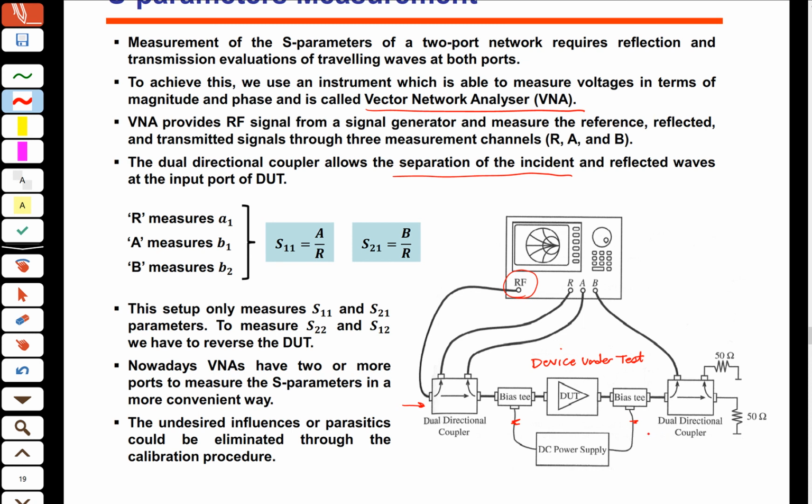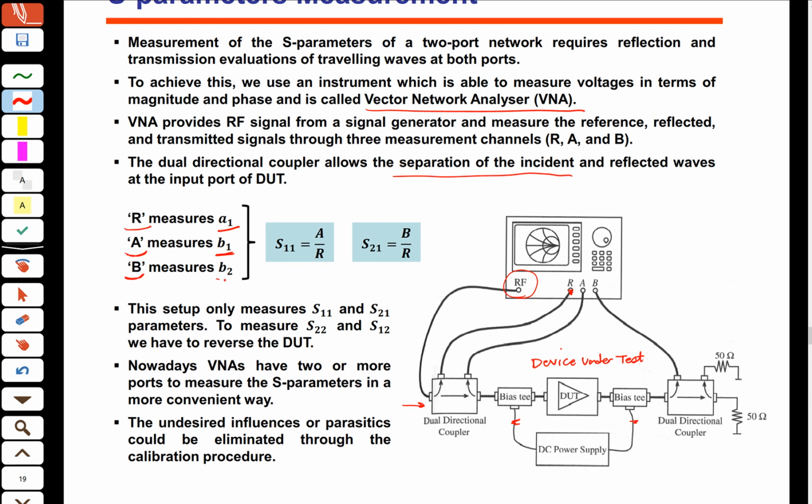So some part of that we get at port R as a reference. I want to see how much power I send. This is the incident. This R actually shows the A1. And then how much power reflected back from the device is going into the port A. So the A is showing the B1. And then the signal is going through the device and then goes through the other direction.